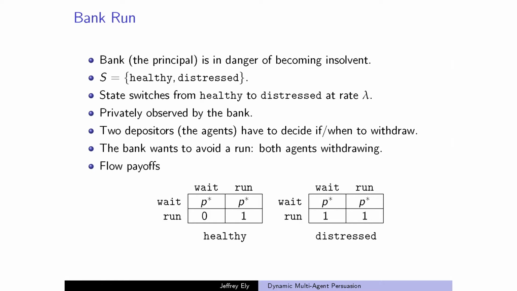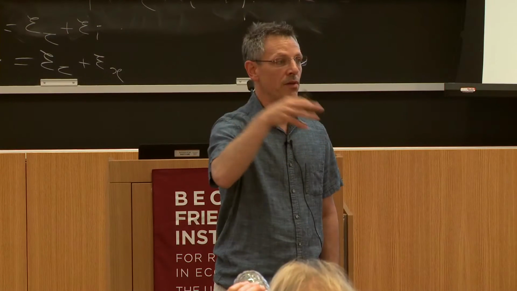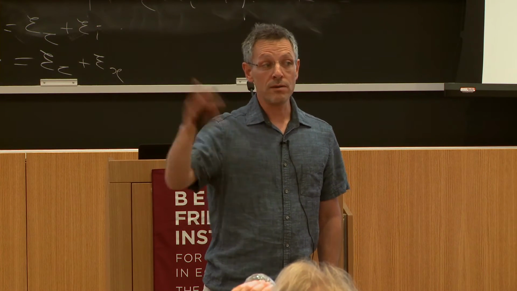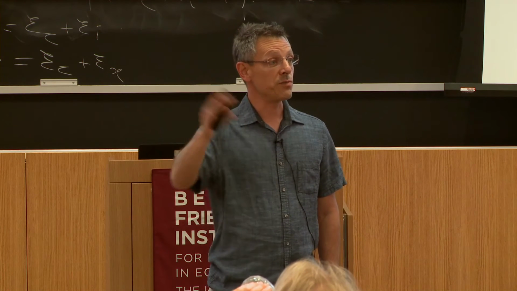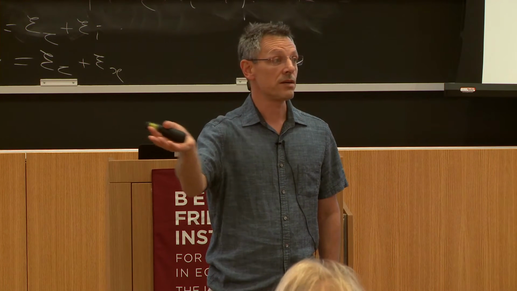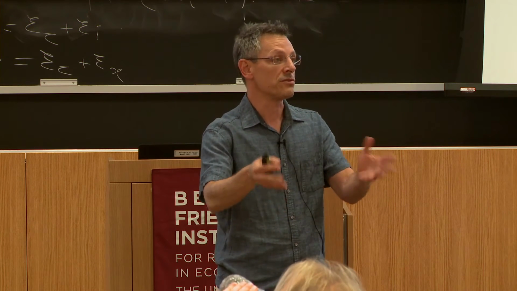Okay? And given the higher-order beliefs that each agent has about the health of the bank and the other agent's beliefs about the health of the bank and so on, there's still a multitude of predictions we can make about their behavior. That is, there might be many equilibria consistent with a certain information structure.